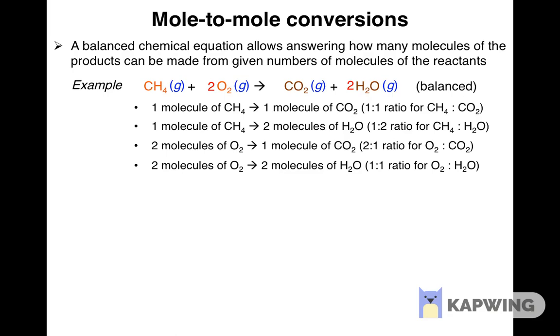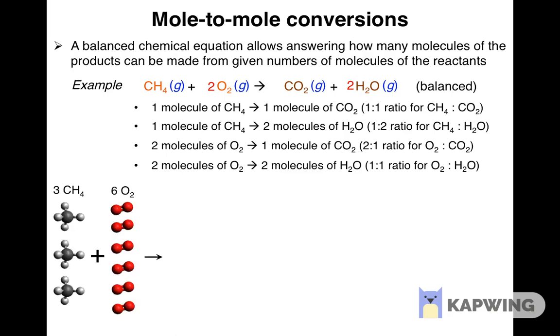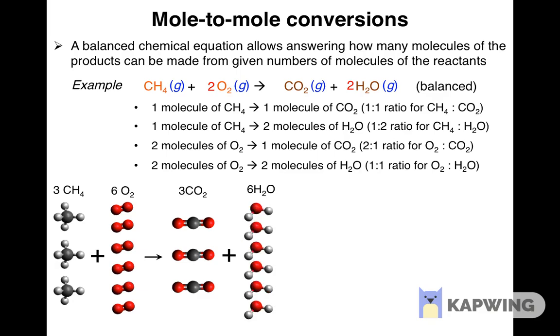If we were to take more than 1 methane molecule, say 3 methane molecules, and 2 oxygen molecules per methane molecule, so that would be 6 oxygen molecules total, then we could make 3 carbon dioxide molecules, 1 per every methane molecule, or 1 per every 2 oxygen molecules, and 6 water molecules, 2 per every methane molecule, or 1 per every oxygen molecule.